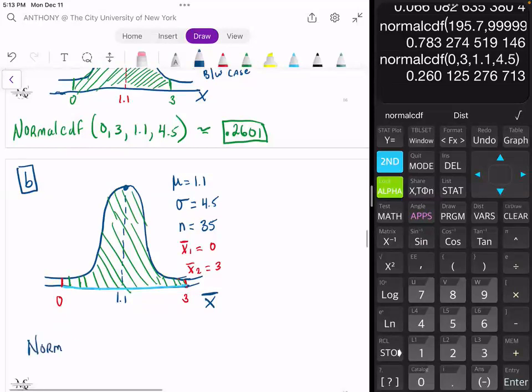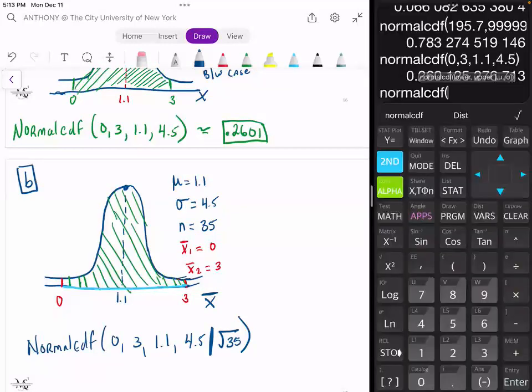So normal CDF, 0 to 3, lower to upper bound, followed by the population mean, followed by the standard deviation divided by the square root of n, which is 35. So second vars, normal CDF, 0, 3, 1.1, 4.5.